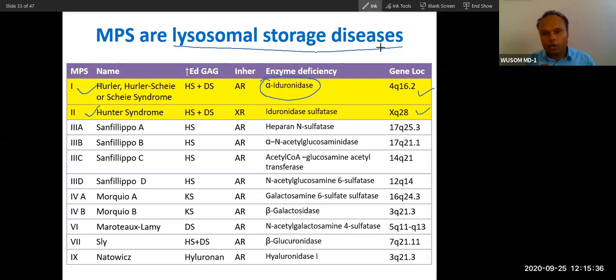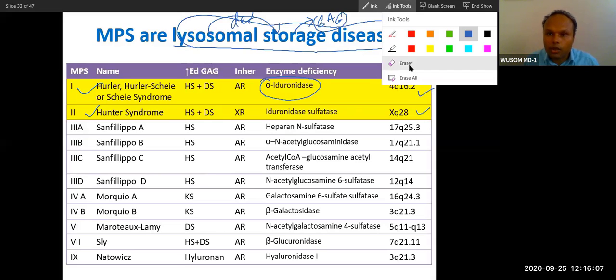The storage of glycosaminoglycan increases because of a defect in the lysosomal enzyme. That is why it is lysosomal storage disease, and all mucopolysaccharidoses are lysosomal storage diseases.